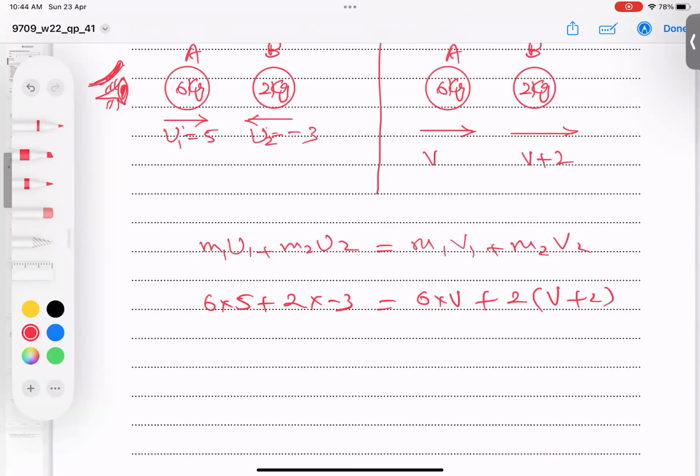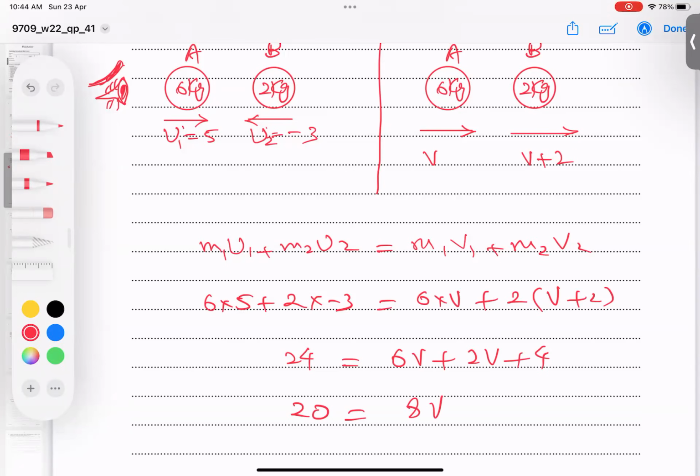Solving, this is 30 and out of 36 there's a 6, -6, so it becomes 24. This 6v, and here I got 2 into v plus 2, so 2v plus 4. 4 goes there and I got 20, and here 8v. If I divide them, the answer comes to 2.5 meters per second.